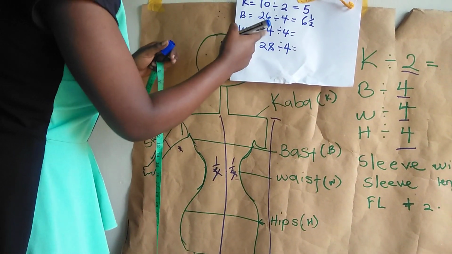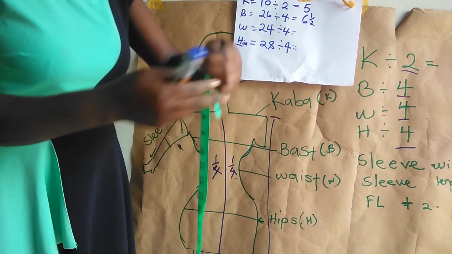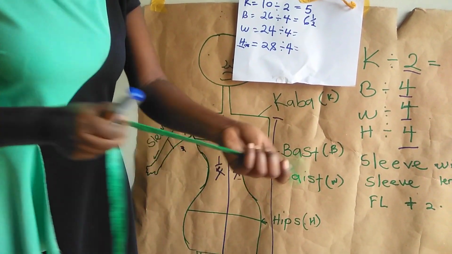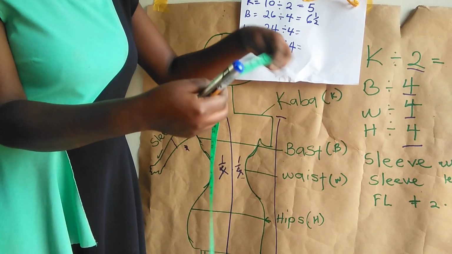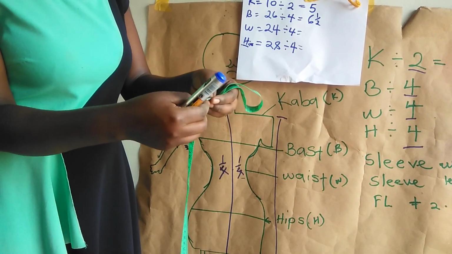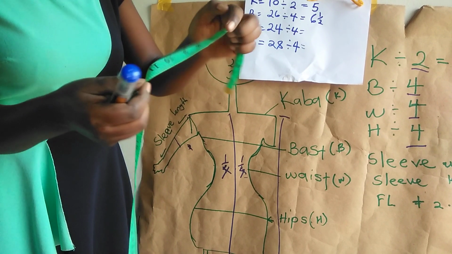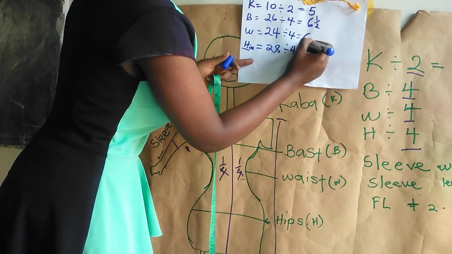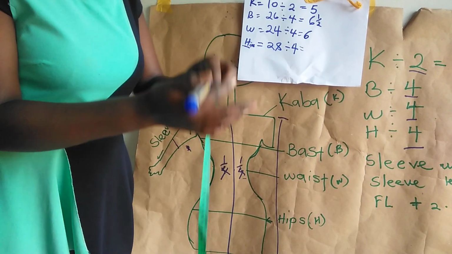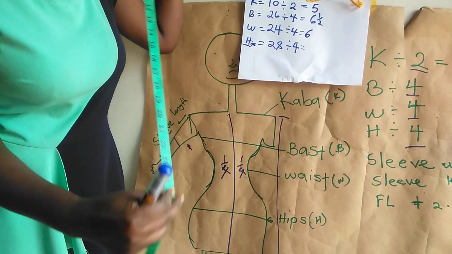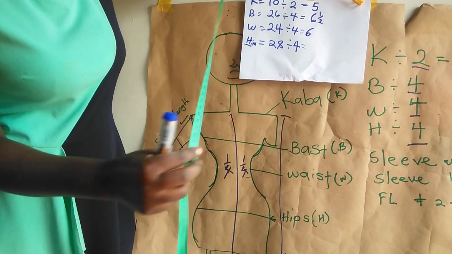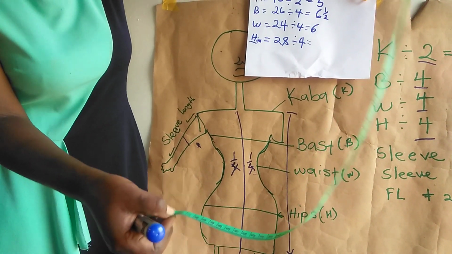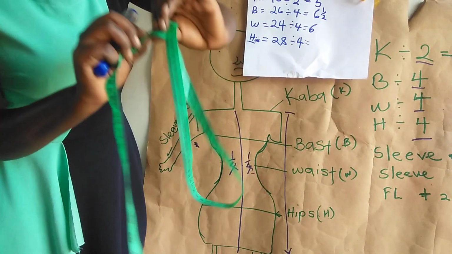The bust. We go to the waist. Our waist is 24. You do the same thing. 12. Then again we do it for the fourth time. Our answer is 6. We go to the hip. The hip is 28. You get this, you put it at 28.